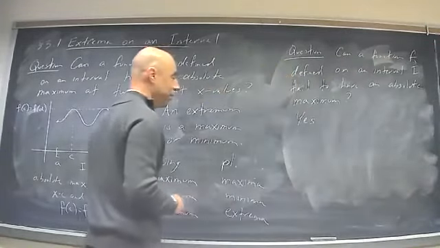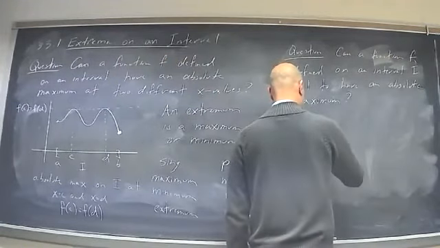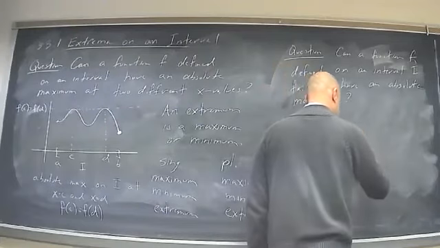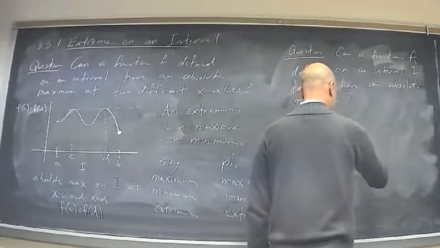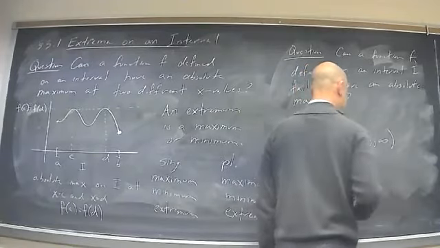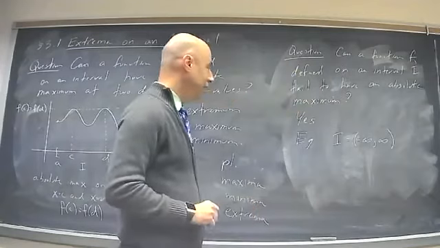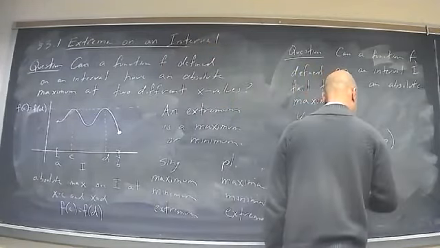Let me give you one example. So let's start off with my interval being, let's say, negative infinity to infinity. Perfectly nice interval. And let f of x equal x.